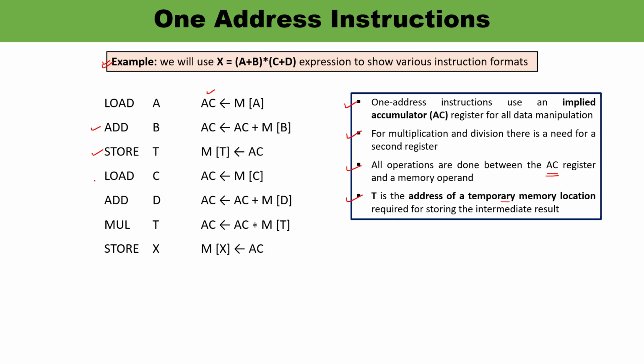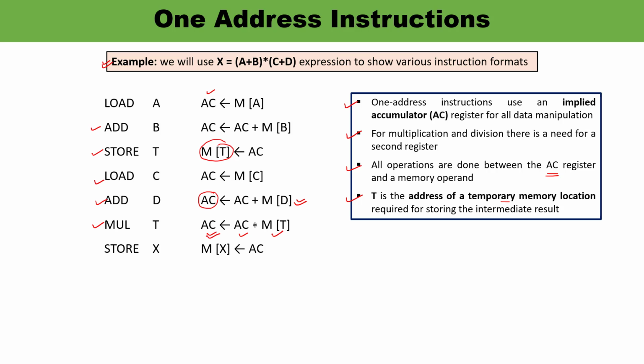Now loading the content of C in the accumulator. Add D means adding the content of D from this location into the accumulator, and the result is available in the accumulator. Now the first result is available in this memory location. So now multiplying T means whatever result is available in the accumulator is being multiplied with this, and still the result is available in the accumulator.